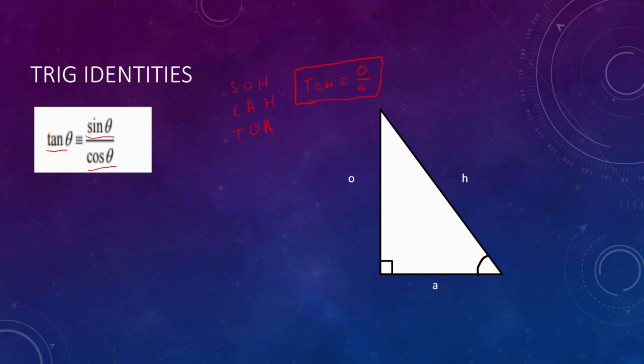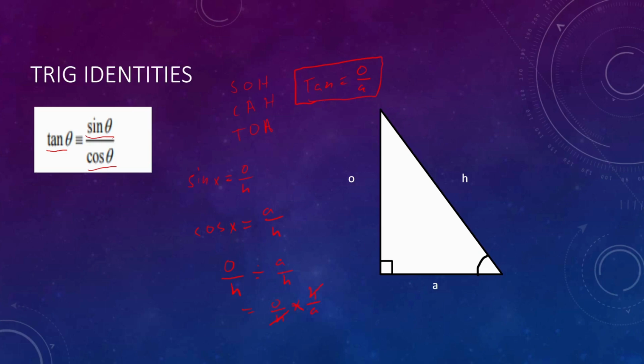Now let's see, sine of x is equal to opposite over hypotenuse, and cos of x is equal to adjacent over hypotenuse. So if I divide sine of x by cos of x, which is adjacent over hypotenuse, this should be opposite over hypotenuse multiplied by hypotenuse over adjacent.